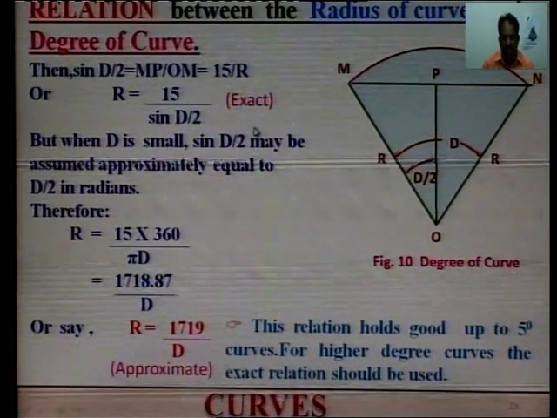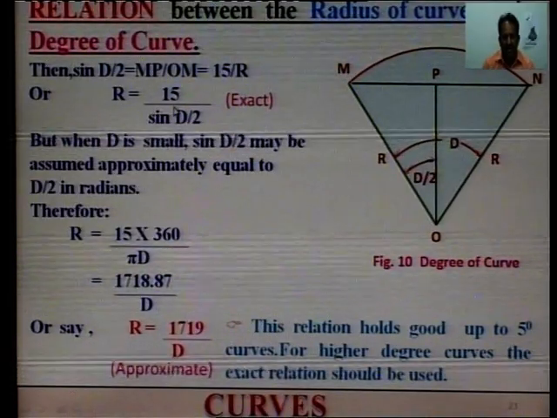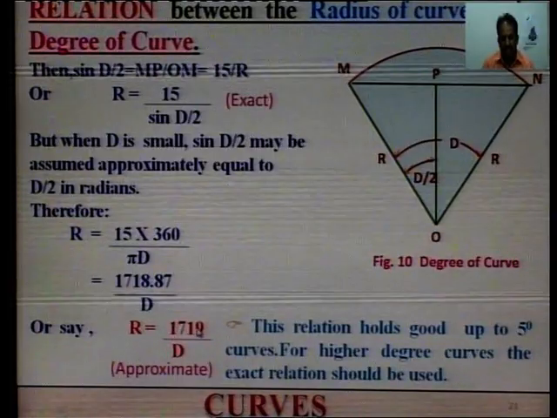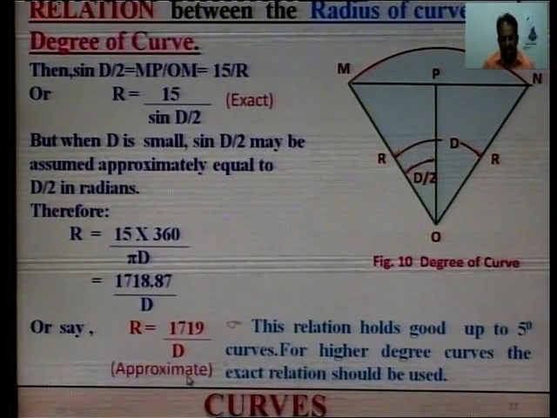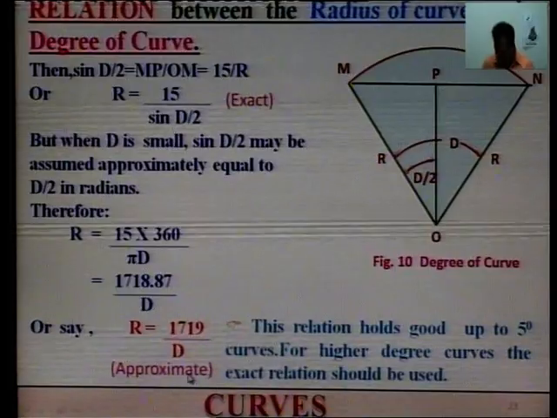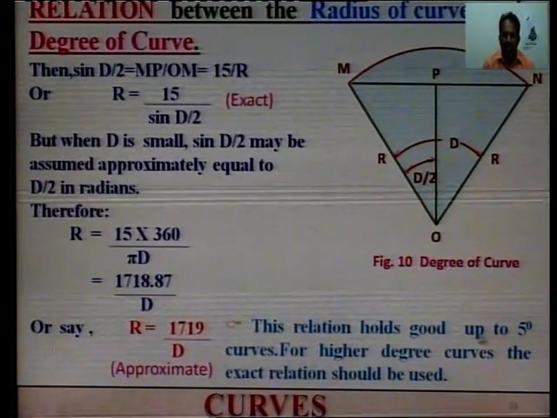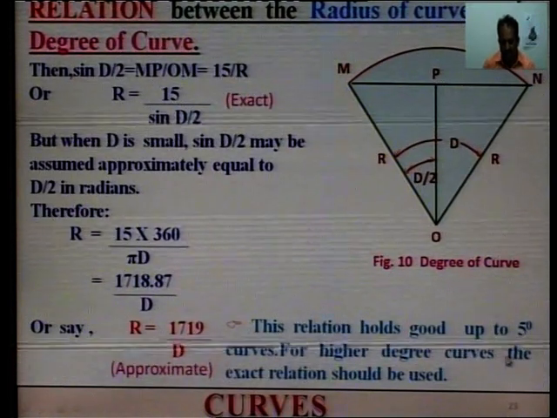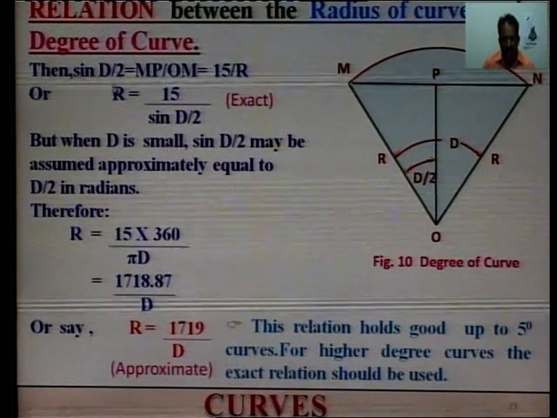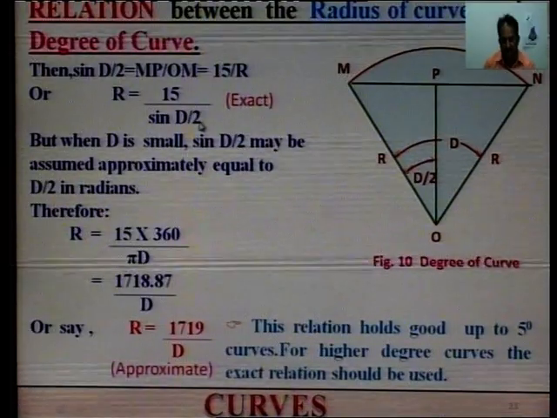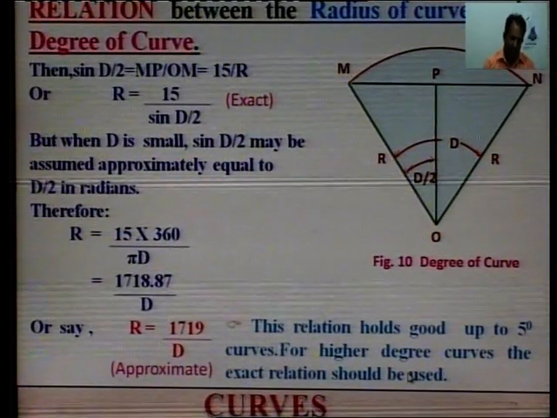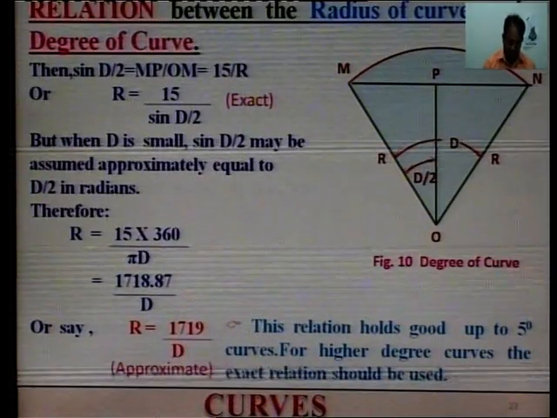The approximate relation holds good up to a 5-degree curve. For higher degrees of curves, the exact relation r is equal to 15 by sin d by 2 should be used.